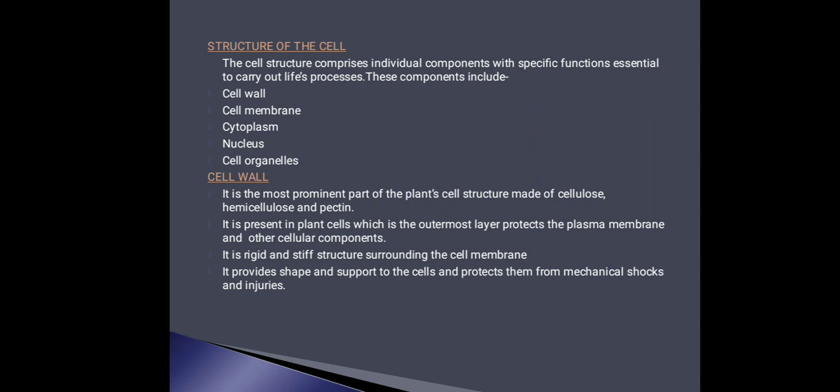This is a layer which protects the inner cell organelles from the outer environment and outer foreign particles which enter the cell, and it is rigid and stiff, surrounding the cell membrane and all other cell organelles. It provides shape and support to the cell and protects it from mechanical shock and damage.